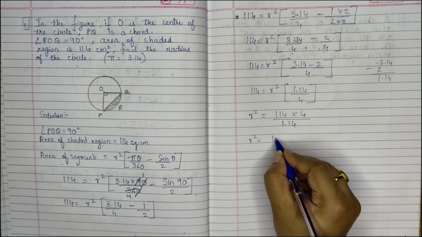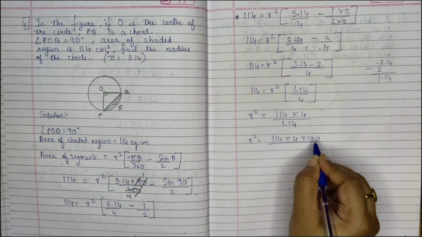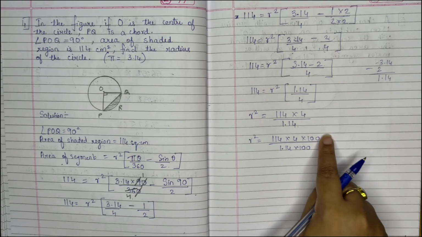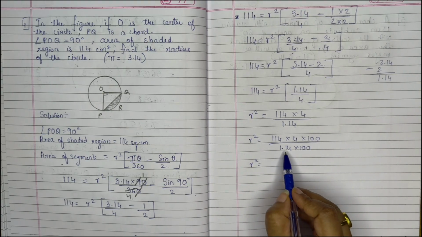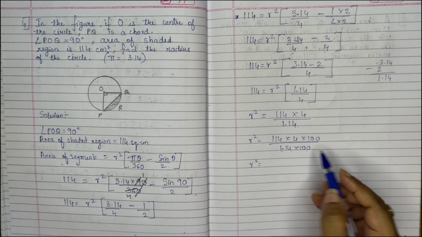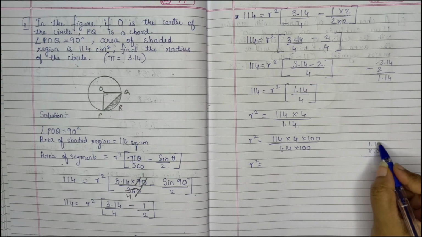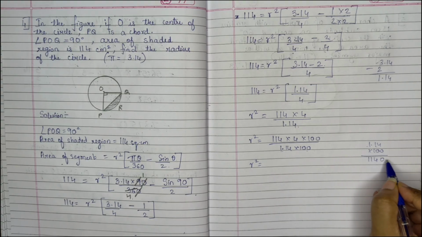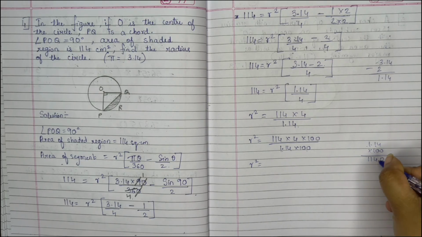So I will write 114 multiplied by 4 multiplied by 100, and 1.14 also multiplied by 100. Multiply 100 on both the sides. Now r square is equal to, see, when you multiply 1.14 by 100, you get the same number 114, and you put the point after two digits.